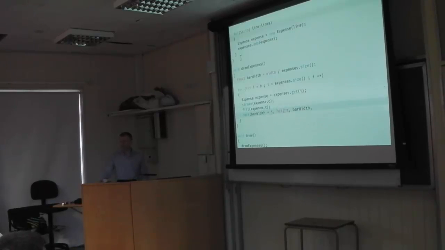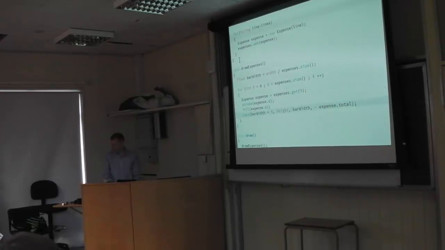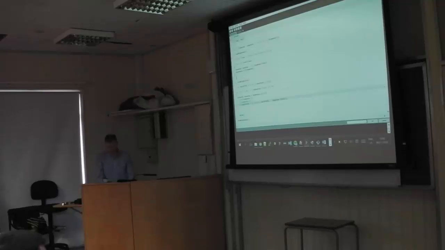Just minus, yeah, it's my total. So minus expenses dot get, position i. Sure, I already have this thing called expense, I'll just reuse it. Minus expense dot total. Minus expense dot total will make my rectangles draw upwards instead of downwards. And if my y coordinate is the bottom of the screen, then expense dot total will draw from the bottom up rather than from the top.